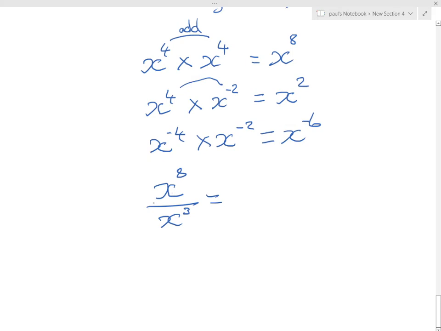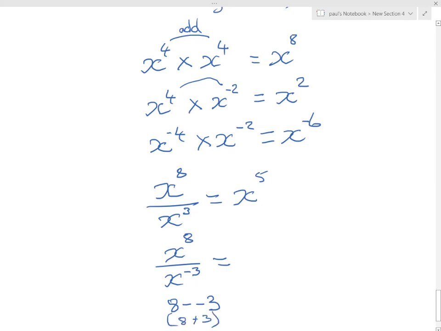So when we're dividing, we subtract the indices. So 8 subtract 3 is x to the 5. Now when we have this minus 3, we're going to subtract, and this in effect means 8 subtract minus 3. Now when we have two negatives together like that, it has the same effect as 8 plus 3.